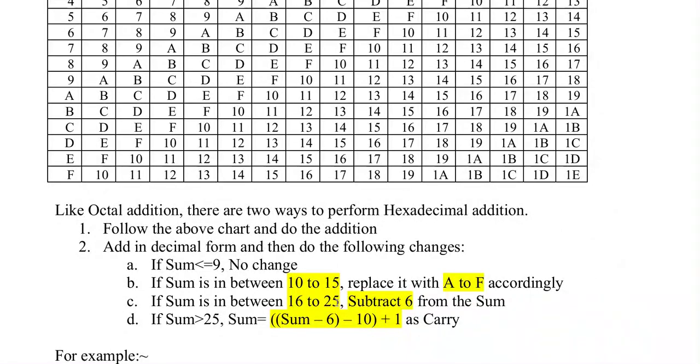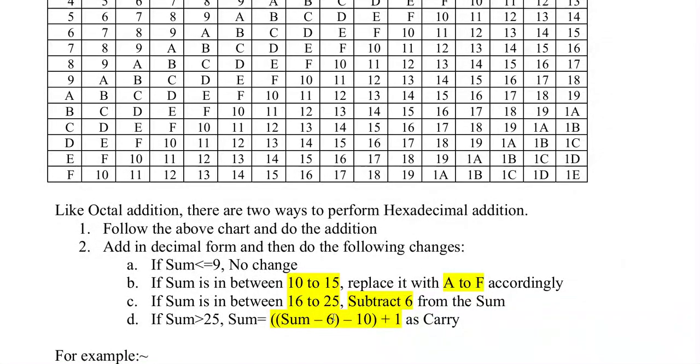So up to 25, this is the logic. If the sum goes beyond 25, then what do you have to do? Subtract 6 from it, and whatever answer comes, again subtract 10 from it. Whatever the answer, that will be your sum and 1 will be the carry.